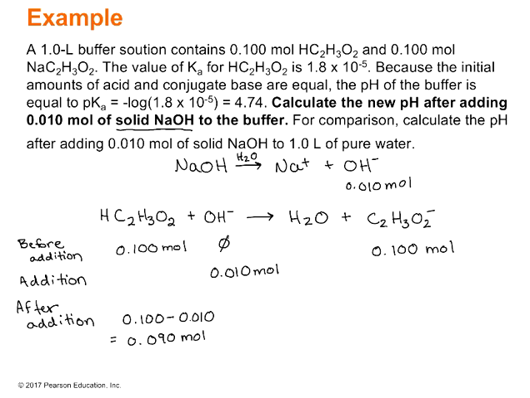And then the hydroxide should all get used up, so we'll have 0 moles of hydroxide after the reaction. And then in terms of the conjugate base, we're going to see an increase in the amount of conjugate base. So we're going to actually see an additional 0.01 moles of conjugate base. So that equals 0.110 moles of the conjugate base.